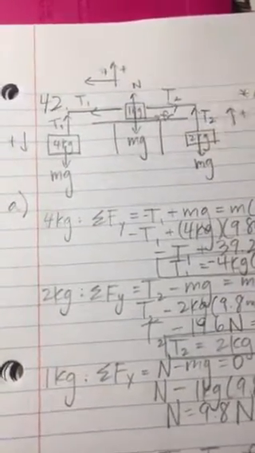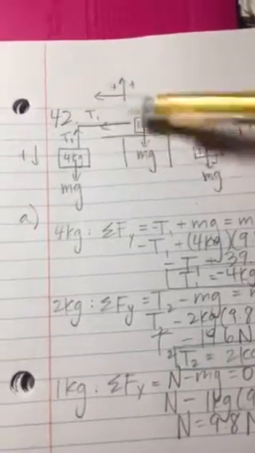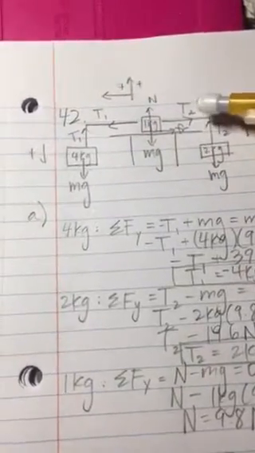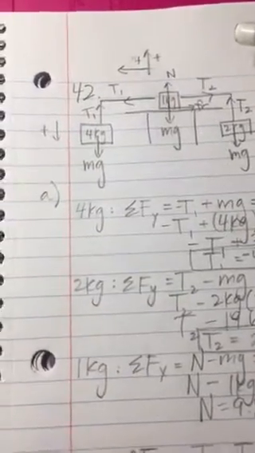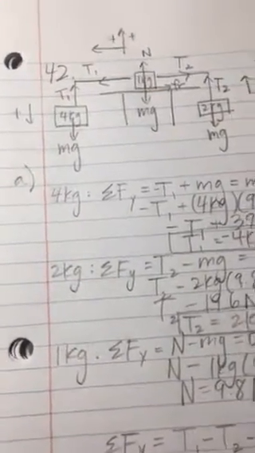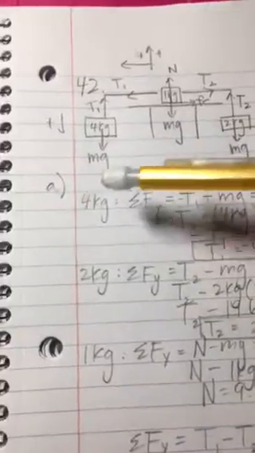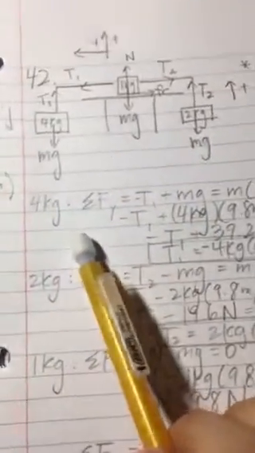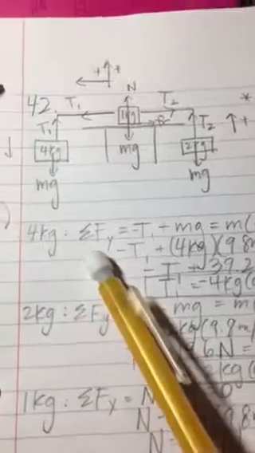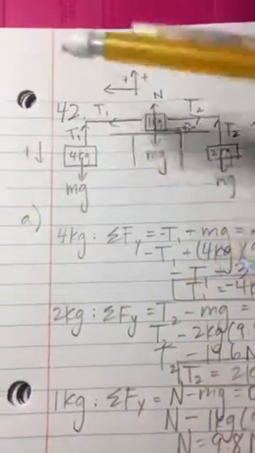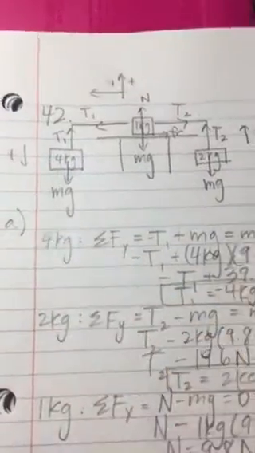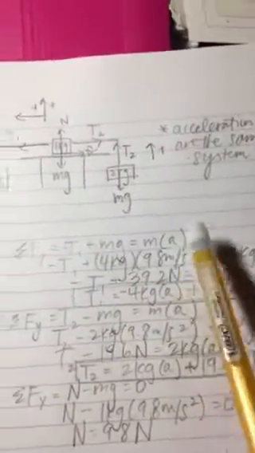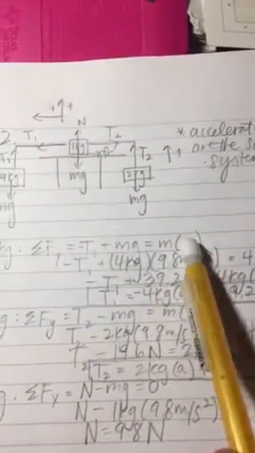Because you have a lot of unknowns here, T1, T2, and the acceleration, you need 3 different equations, and we have 3 different blocks, so those are going to be our equations. First, for the 4 kilogram mass, you only have forces in the y direction. So the sum of the forces in y: negative tension plus mg equals mass times acceleration. We don't know what tension 1 is, and we don't know the acceleration.